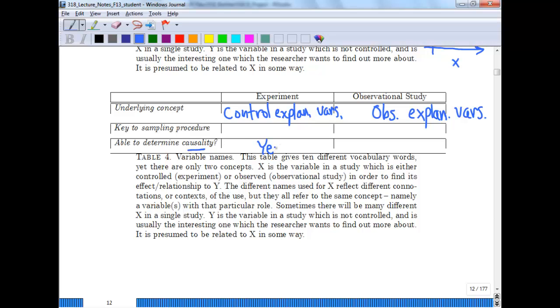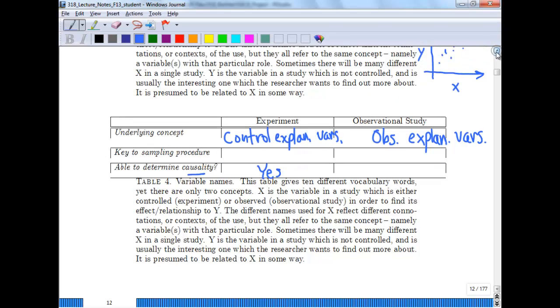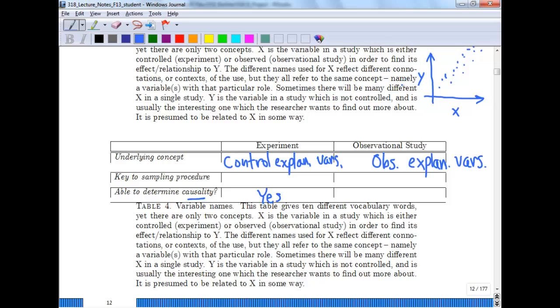Yes, we can determine causality. Differences observed in the response variables can be inferred to be due to the explanatory because we're controlling all relevant factors. Whereas in the observational study, no. Differences that we observe may be due to confounding variables, other outside variables that we have not controlled.